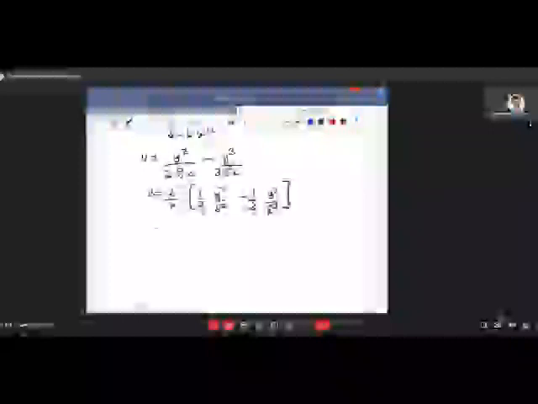Now we are getting an expression that is very similar to what was being asked, which is delta by x power 1 into 1 by 2 times y by delta square minus 1 by 3 times y by delta cube.